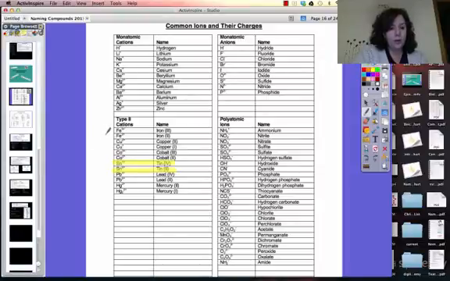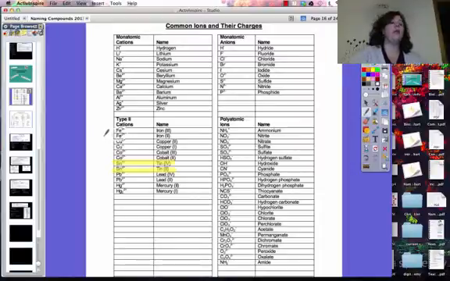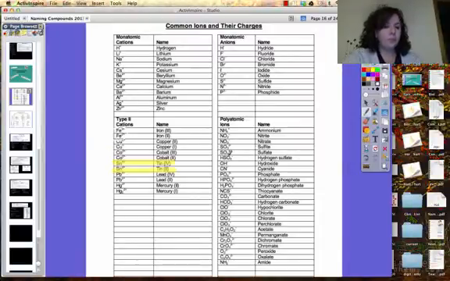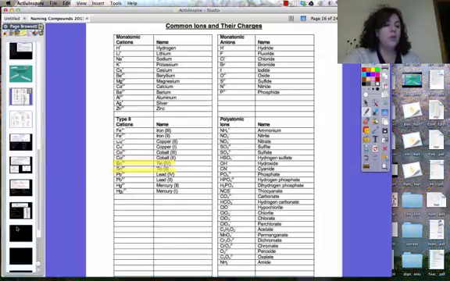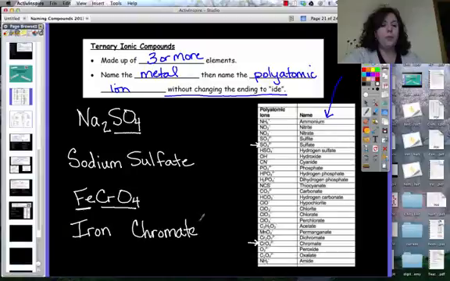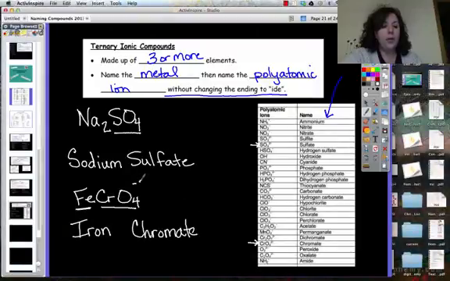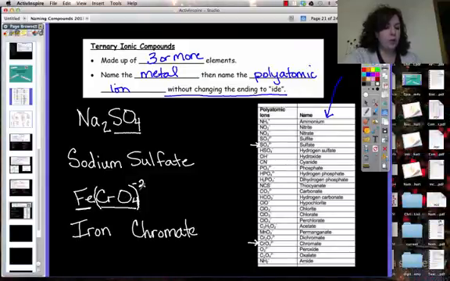It has a +3 or a +2, so I need to figure out which one it is. And in order to do that, I need to know the charge of my chromate. Chromate is a -2. So I'm going to put -2 right here.